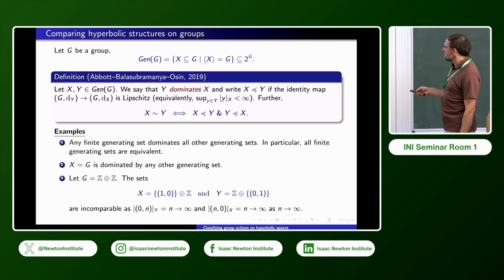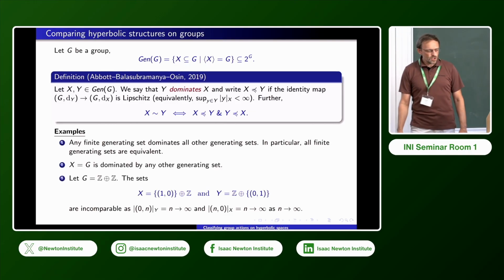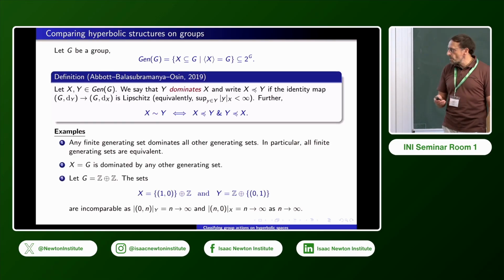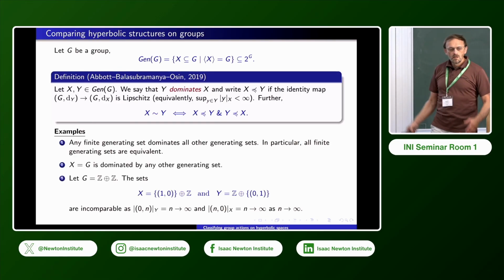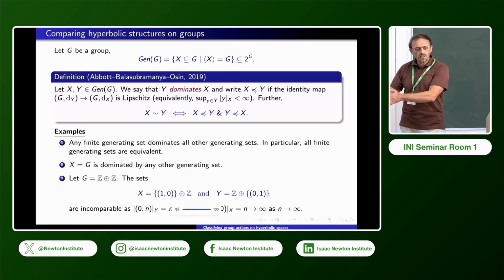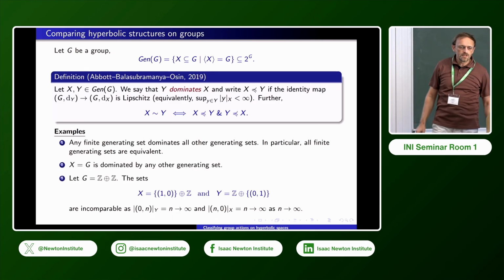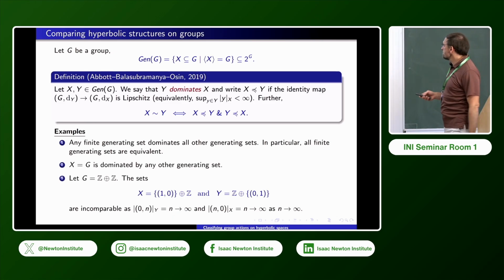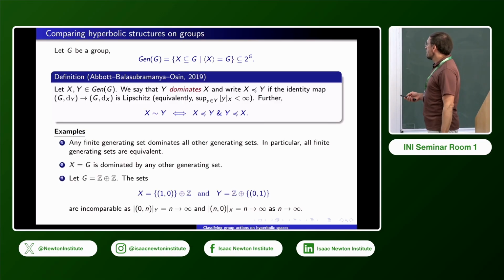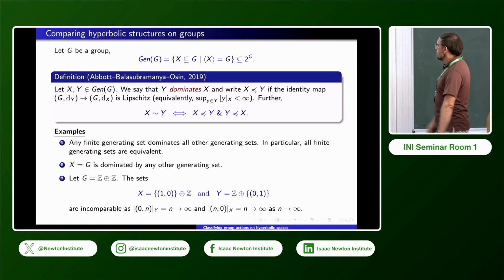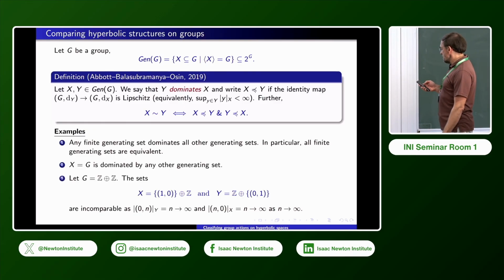You take the first summand here and add one generator of the second summand. And of course, these two generating sets are incomparable because there are sequences of elements which have bounded size in one generating set and growing size in the other generating set. Okay? So you cannot compare these two generating sets in any way.